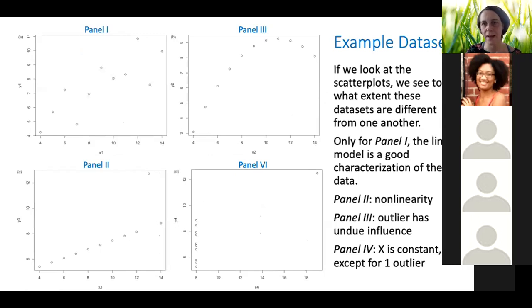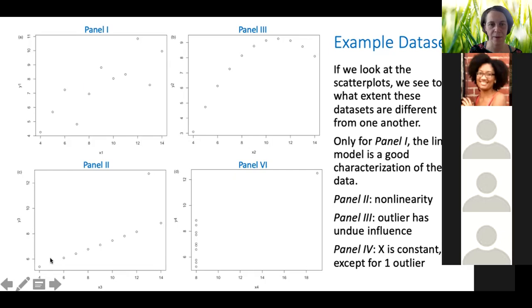If we take a look at the scatter plots for those data sets, for these XY vectors, we see the extent that these data sets are actually different from each other. For panel 1, there seems to be something like a linear relationship between the 2 variables.